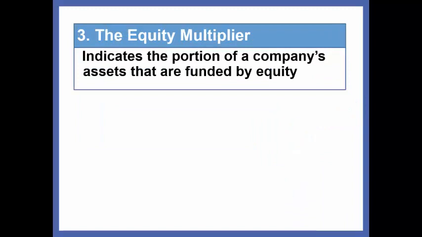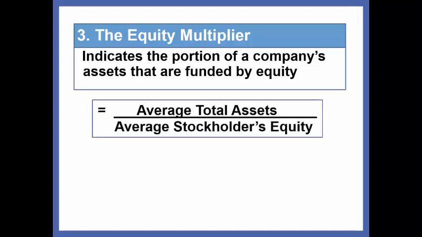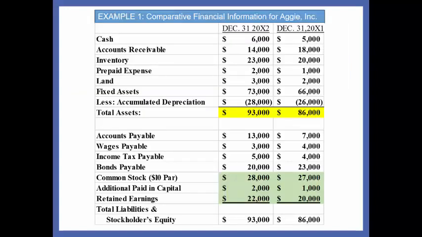A very similar calculation is called the equity multiplier. And this, again, is looking at what portion of the company's assets are funded by equity. You'll take average total assets over average stockholders' equity. Okay, so you can see the assets are $93,000 and $86,000.